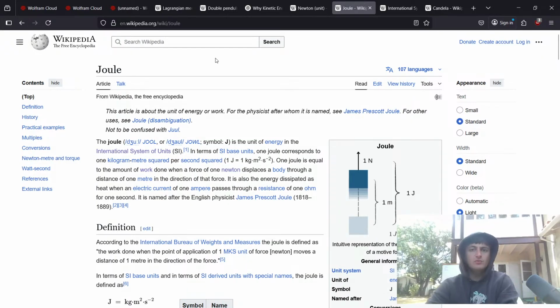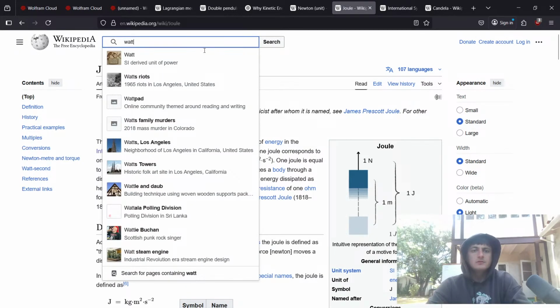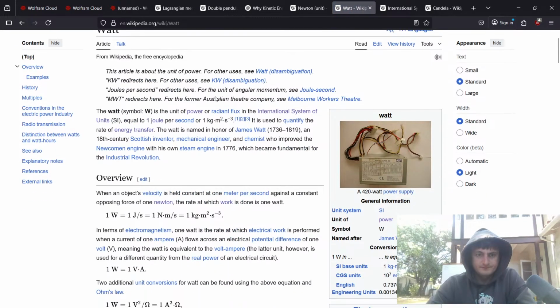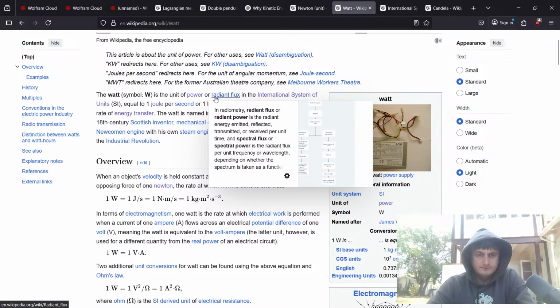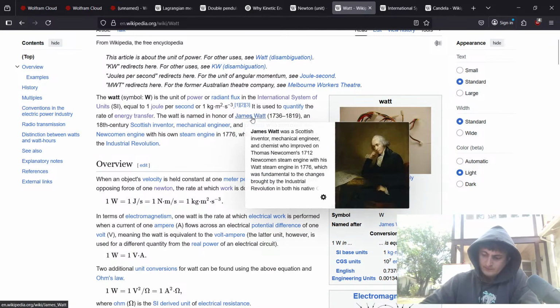Okay, and then what is a watt? Now a watt is kilogram meters squared per second cubed.